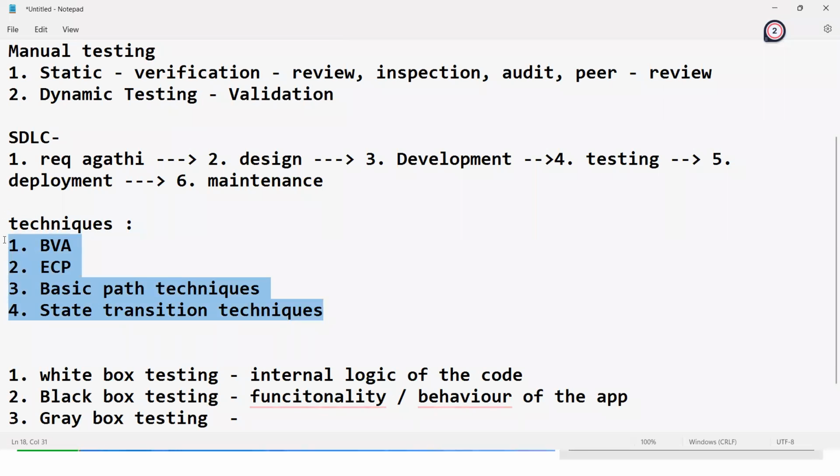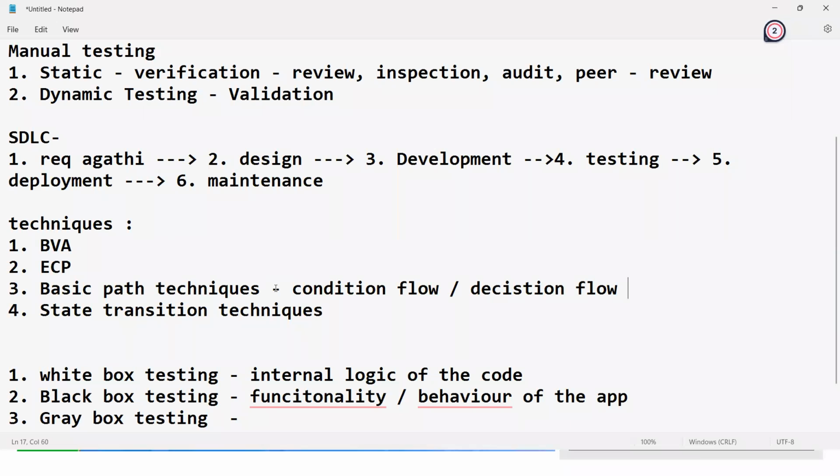Then coming to BVA, what are the techniques we follow as a tester? These techniques are also applicable for development. Especially the basis path technique. Under the basis path technique, we have conditional testing, conditional flow, and we also check decisions. Flow testing.